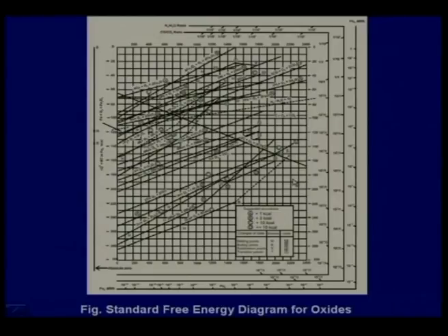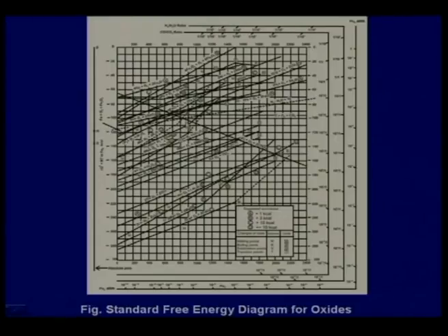So, now we have understood the Ellingham diagrams. The importance of this line we must understand now. This line shows that as the temperature increases, carbon monoxide becomes increasingly stable, because the free energy of formation of carbon monoxide becomes more and more negative.